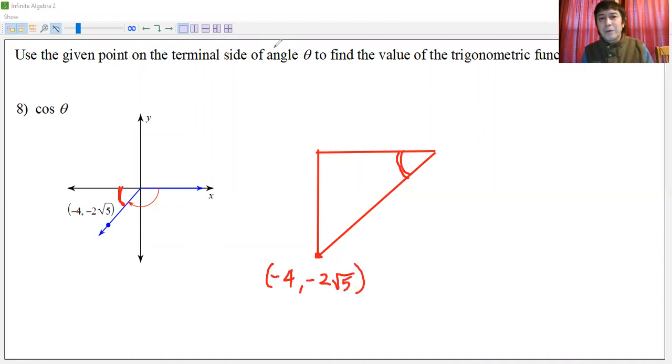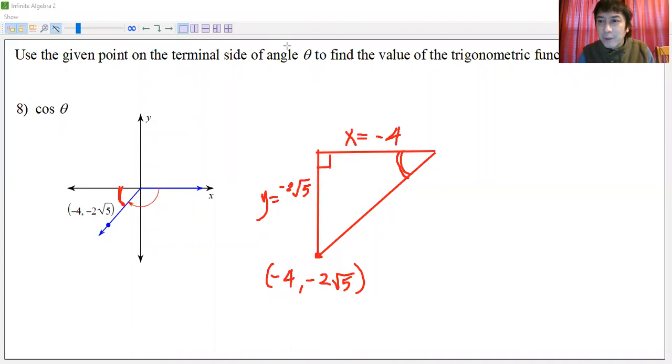Of course, our x and y in the third quadrant are both negative. The x will be over here, and this is -4. That will be for our adjacent side. The y will be for our opposite side, and that is -2 square root of 5. And this is our right angle, of course.